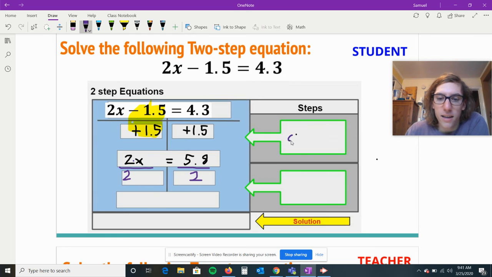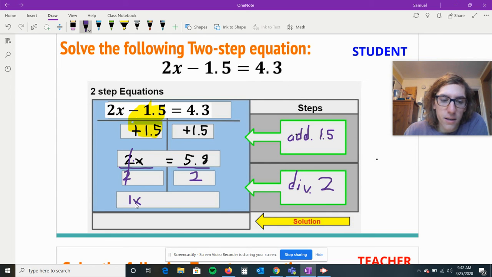Okay, so all this to say, what did we do? The first time we add 1.5 to both sides, right? And down here we divided by 2. Okay, and let's see what happens. 2 over 2, oh yeah, that's 1 whole.